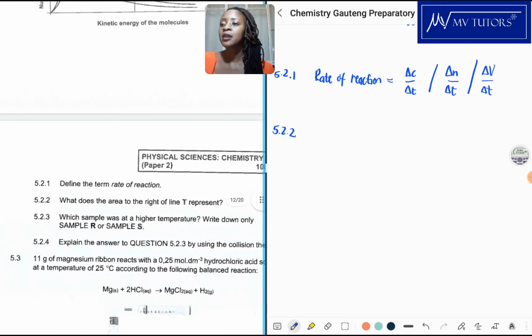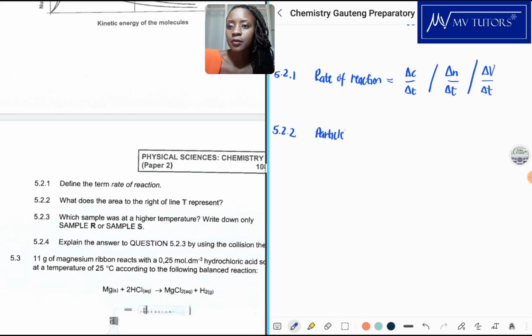But let us see. So what does the area to the right of line T represent? Well, basically it represents particles that have enough kinetic energy that is bigger than the activation energy to form effective collisions.